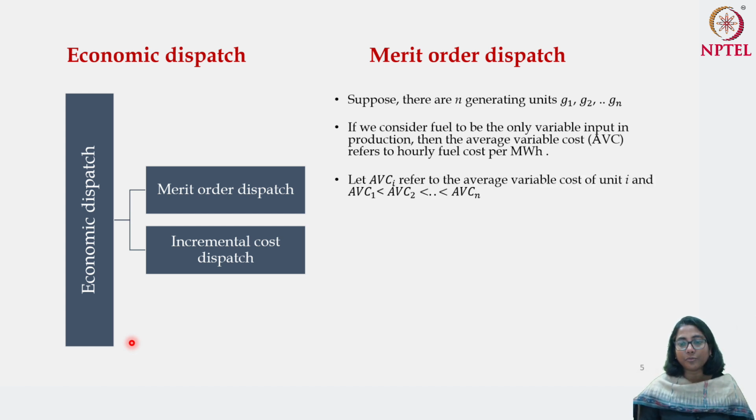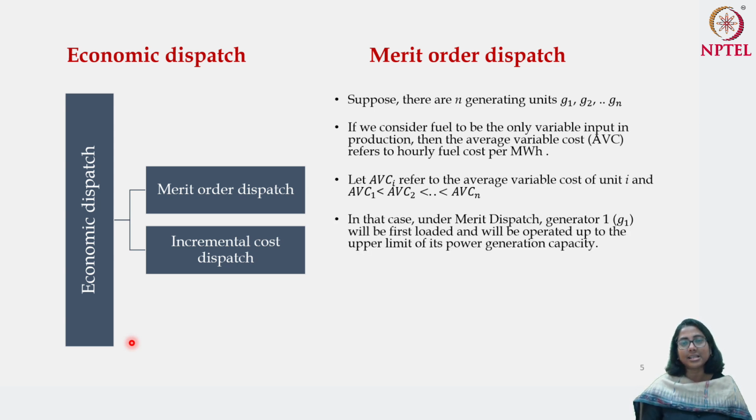Now we rank the generating units based on their average variable cost, and we assume that AVC1 is less than AVC2, and so on, and in the ranking AVCN comes at the last. So the first generating unit has the least average variable cost of production. The second generating unit has the second lowest average variable cost of production, and the nth generating unit has the highest average cost of production.